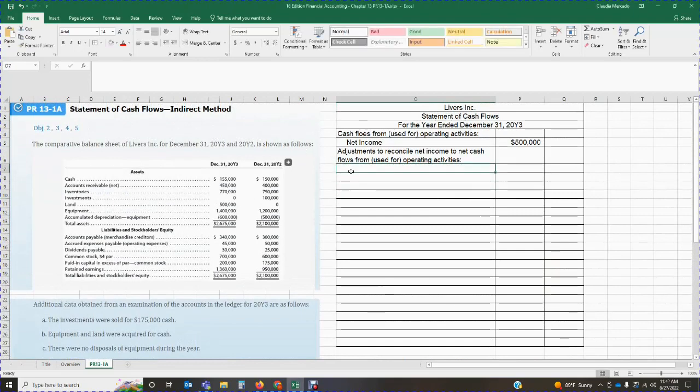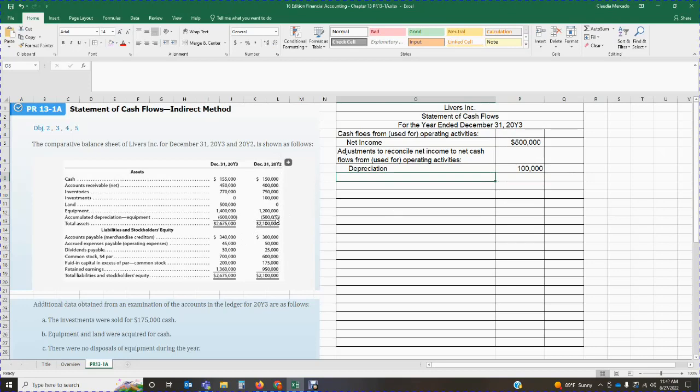So depreciation is going to be added by $100,000. And how do we get that 100? 600,000 minus 500,000 shows that we have an increase. And remember, this is 20Y2, 20Y3.